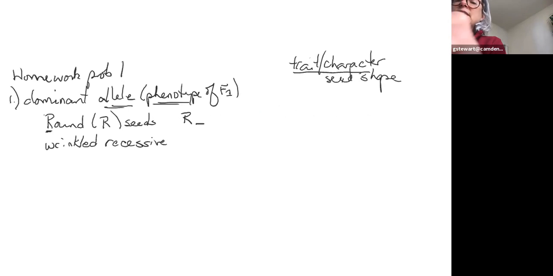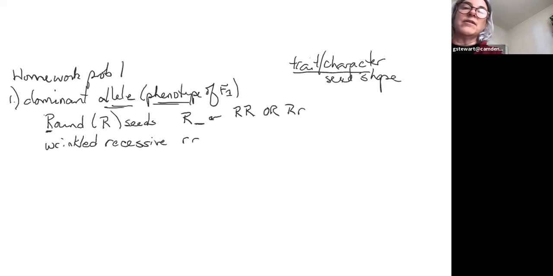Either one of those is going to give me round. But the only way I can see wrinkled, the recessive allele, is if I have 2 copies of wrinkled. So this blank line next to this capital R designates either this or capital R, lowercase r.